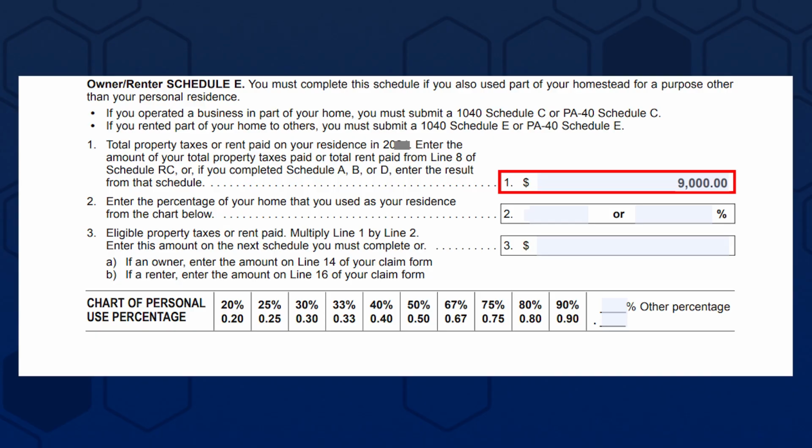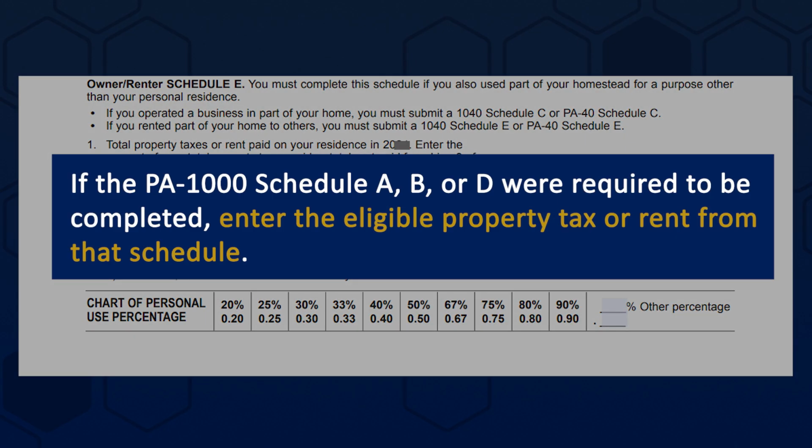On line 1, enter the total amount of property taxes or rent paid from line 8 of the Schedule RC for the entire application year. If the PA-1000 Schedule A, B, or D were required to be completed, enter the eligible property tax or rent from that schedule.